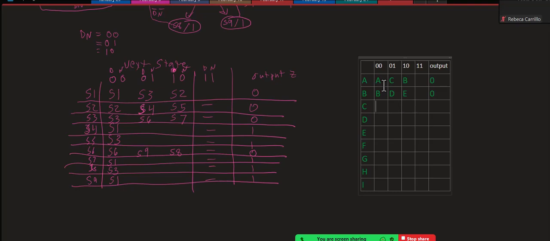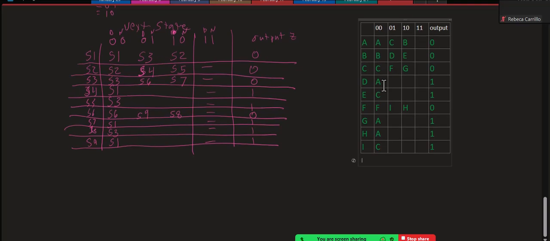C is C, F, G, 0. And then I have A, C, F, I, H, 0. I think these are backwards. And these were 1s. And this is A, C, and 1, 1, 1. Okay.